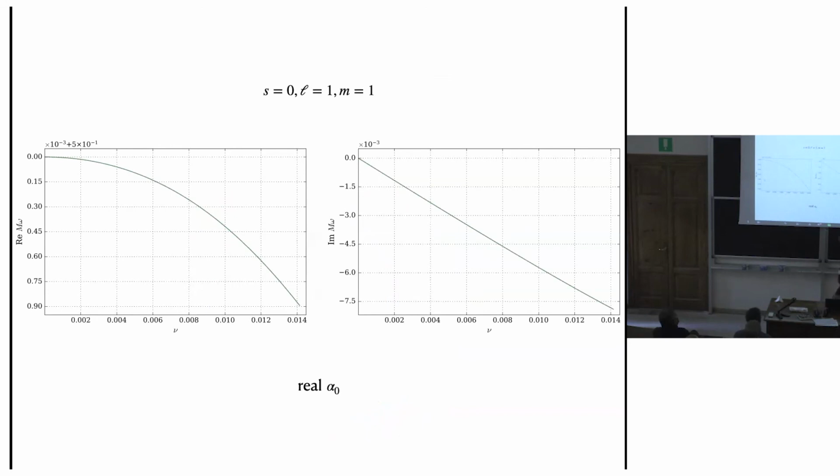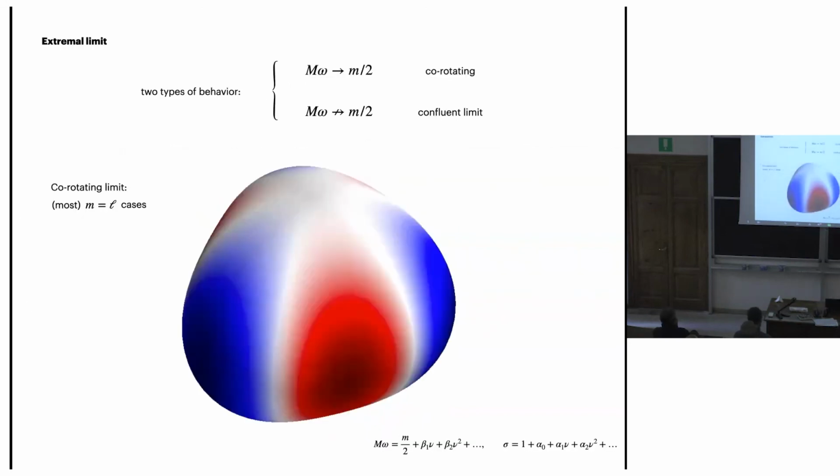When the modes are co-rotating, they basically decouple if you just write the equation in the extremal case. When you write the equation in the extremal case, you assume that the t parameter goes to 0 at the same time as theta goes to infinity. But in this case, theta does not go to infinity. So they are not described by the confluent version of the Teukolsky equation in this case.